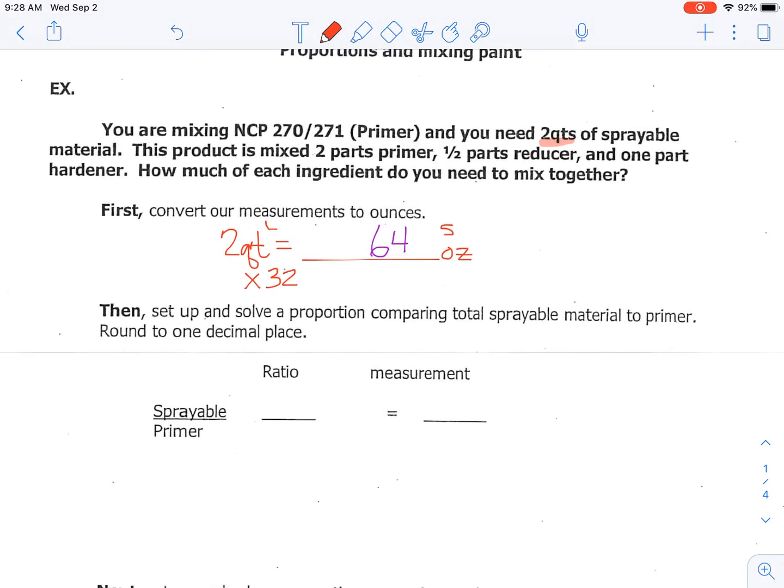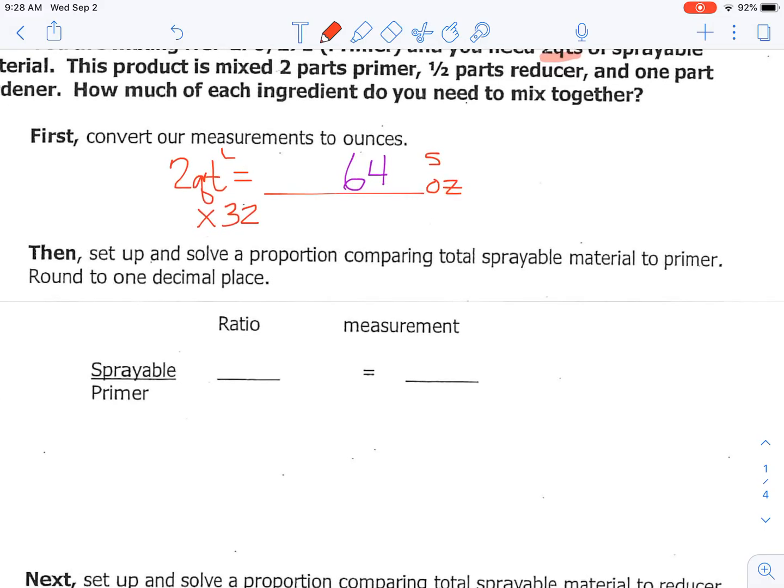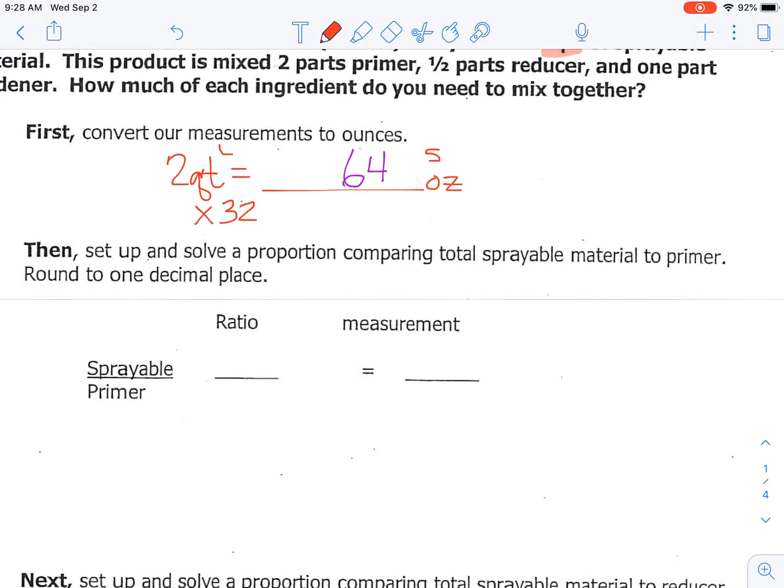So now we're going to set up a proportion. How we set up a proportion is that all of the stuff on the left hand side has to deal with the mixing ratio, and all the stuff on the right hand side is an actual measurement.